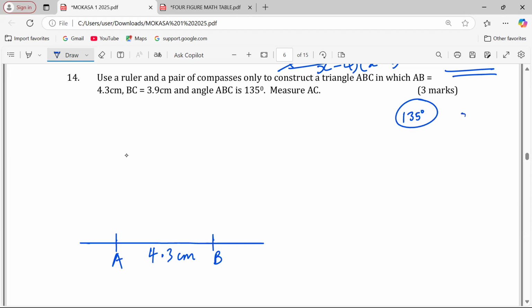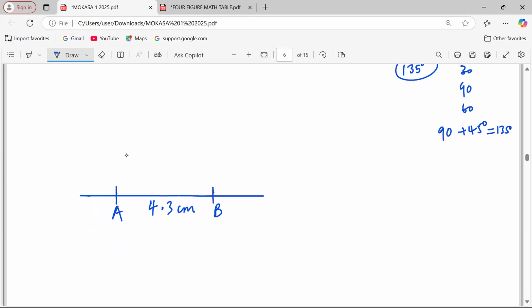These angles are 30, 90, 60, together with their multiples. So we should know that 90 plus 45 will give us 135.